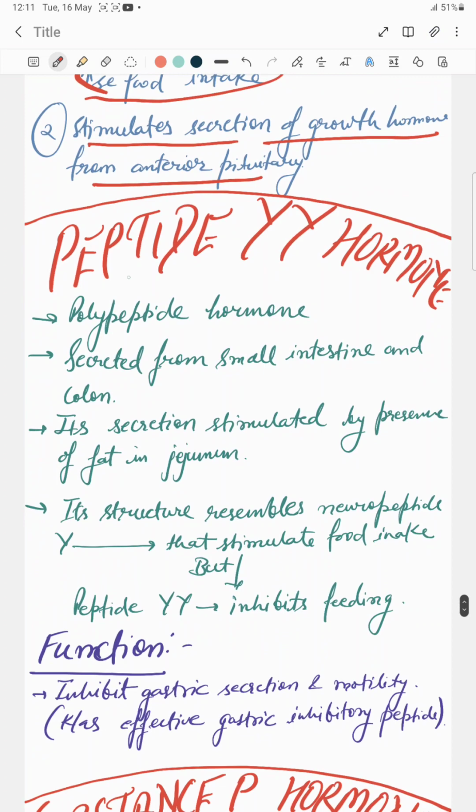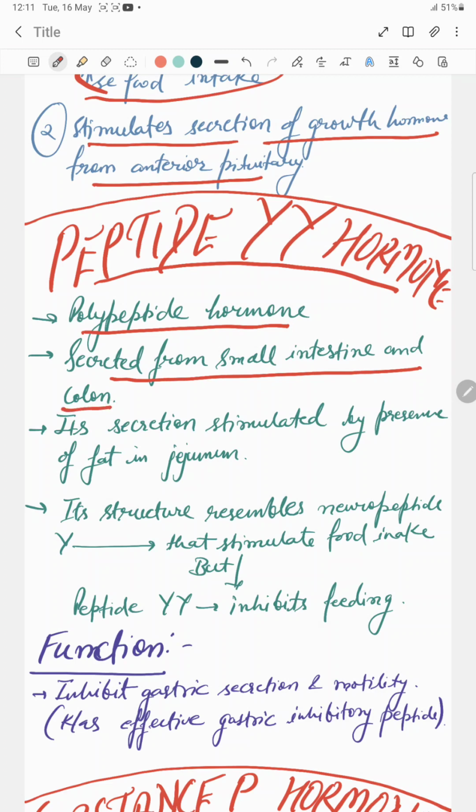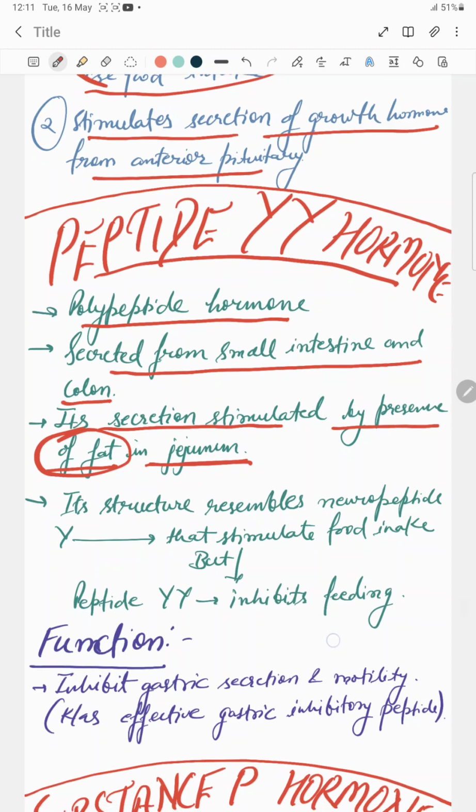The next hormone is peptide YY. It's also a polypeptide hormone secreted from the small intestine and colon. Its secretion is stimulated by the presence of fat in the jejunum.